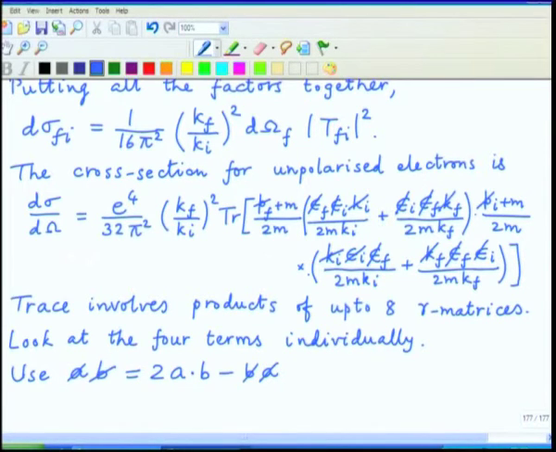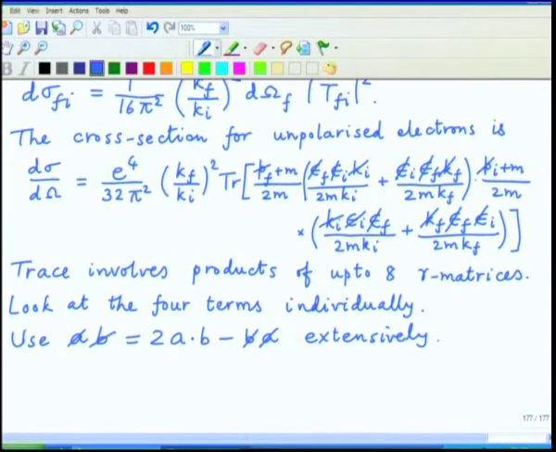So, these various factors can be commuted together and taken into a form where the last combination vanishes. Extensively, many dot products vanish.